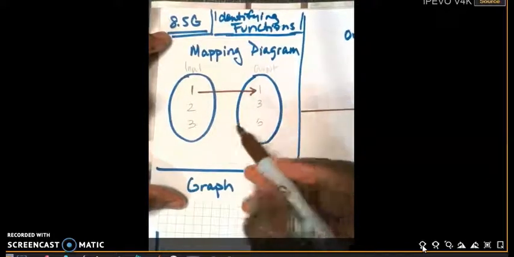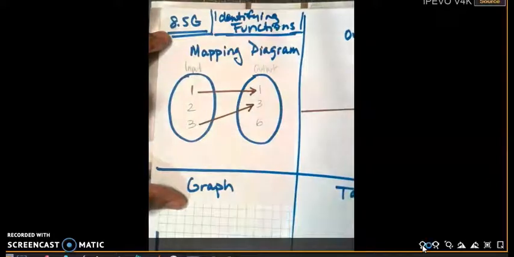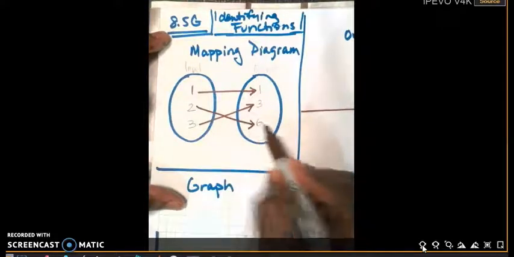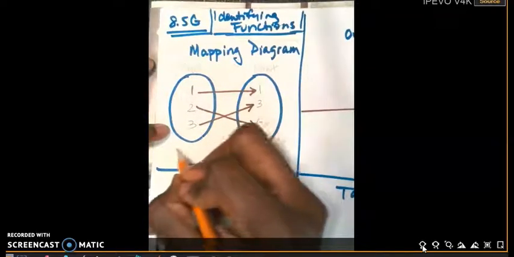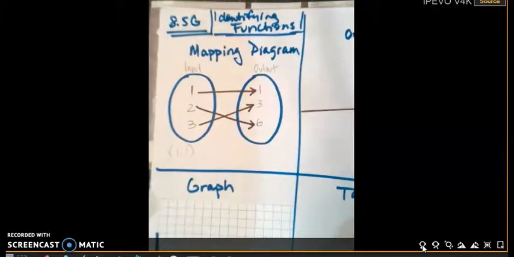So that's 1 to 1. I'm going to go 3 to 3. That is one ordered pair. Now let me pull out what the ordered pairs would be. 1, 1 is your first ordered pair.